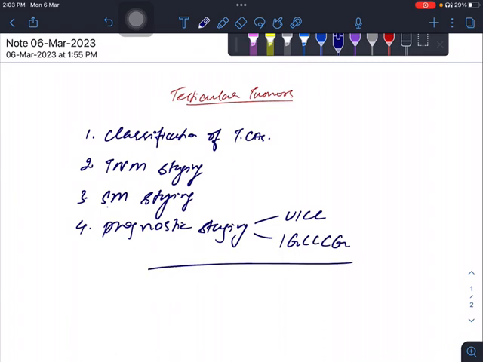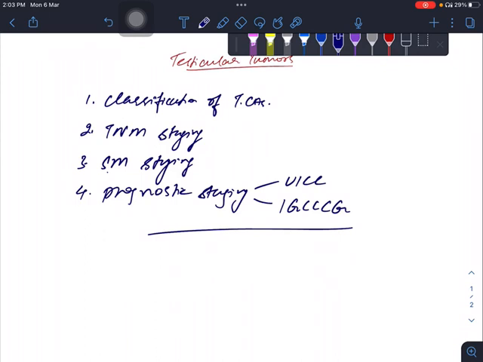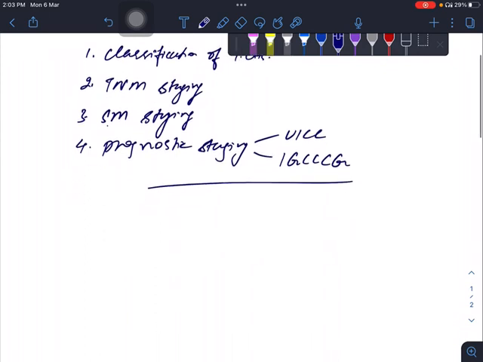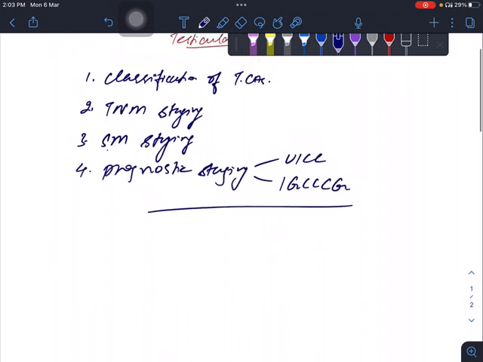Okay, we can see this before. I will tell you everything in detail regarding all these things.